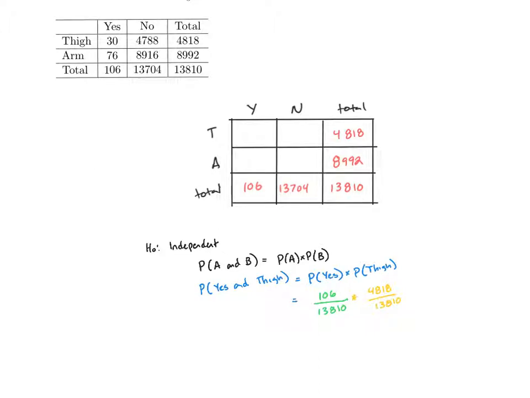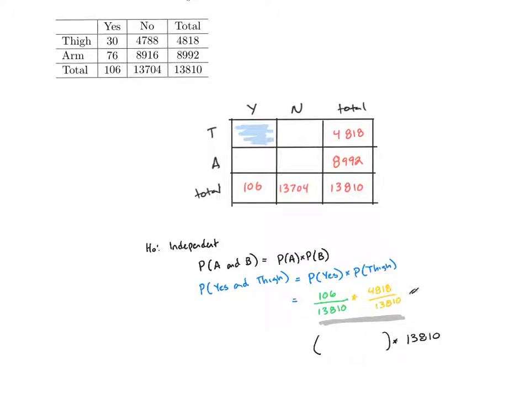Now, what I actually want to find in this specific instance is not this, but rather what goes right here. That is, I don't want the probability a kid has this happen. I want the number of kids that have this happen. Now, if I asked you what 10% was, you could find 10% of my sample size by taking 10% times the total, right? 10% of 13,810, which means if I give you this as a percentage measurement, you could find out how many kids fit in that category by taking that thing right there and multiplying it by 13,810, right?